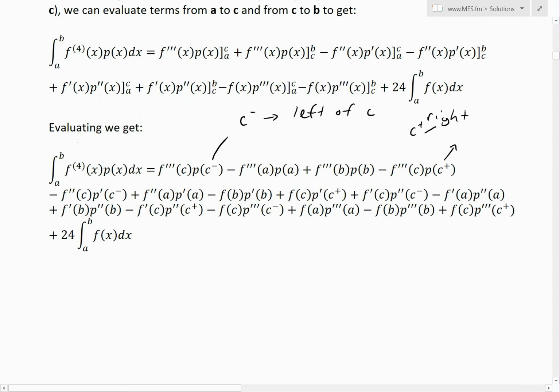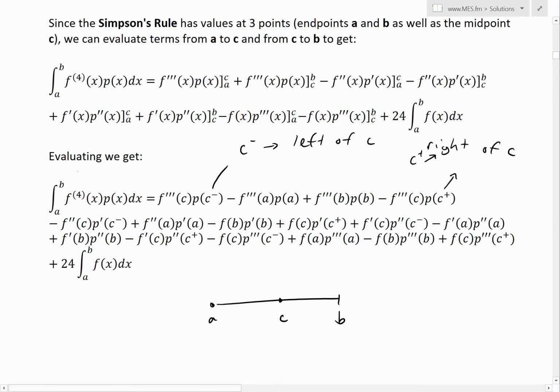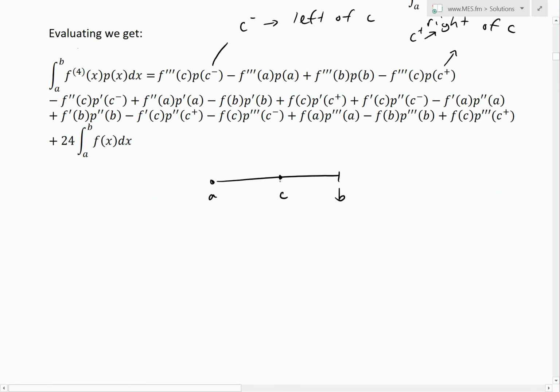Because as you see, if we have this A, and then this is B, and then C, since we're evaluating from A to C, at this point here it is going to be C minus, so from A to C minus, then at this point right here, C plus, so we go from C plus to B. That is what I'm trying to say right here.